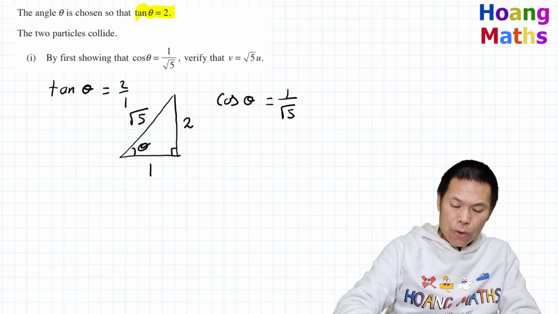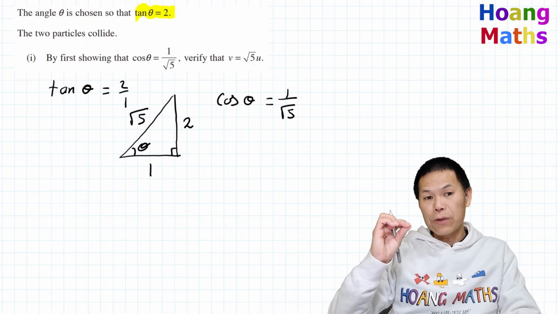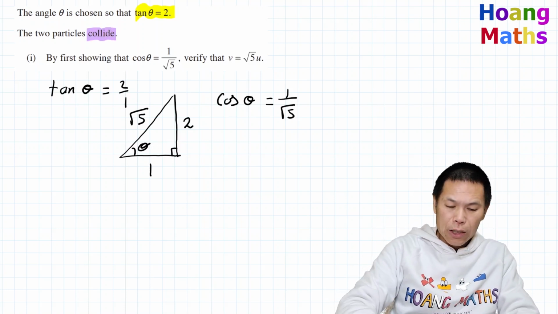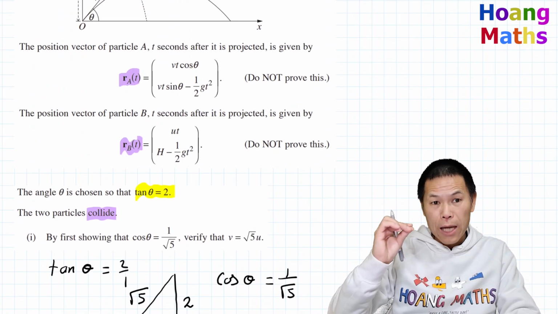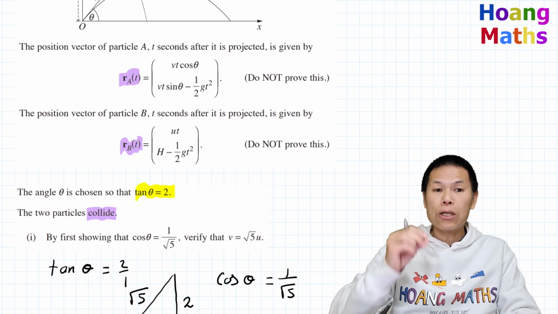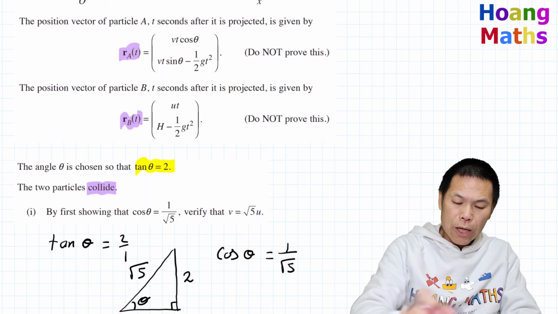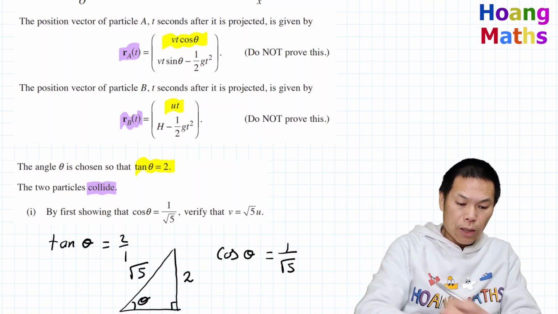Now we need to show that v is equal to square root 5 times u. When the particles collide, the two position vectors are equal. In other words, r of A at t is equal to r of B at t. So we can just look at the i component and put them equal.